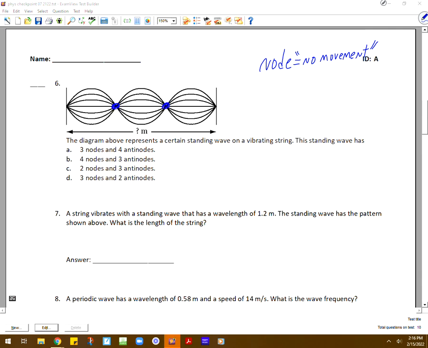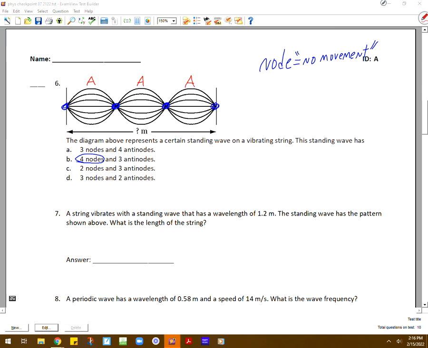That's a node. Do I have any others? Right here and right here. So I have a total of 4 nodes. And that's the only one that gives me 4 nodes. An antinode would be the place where it's at its most extreme movement.